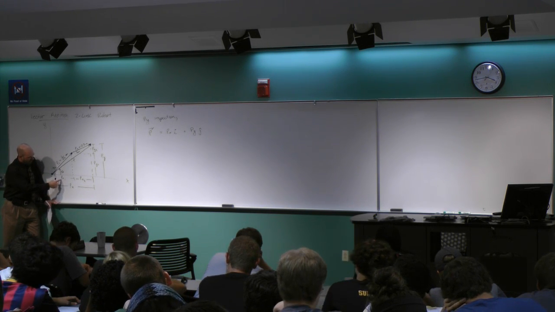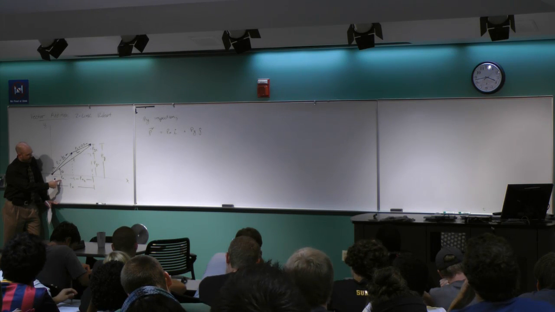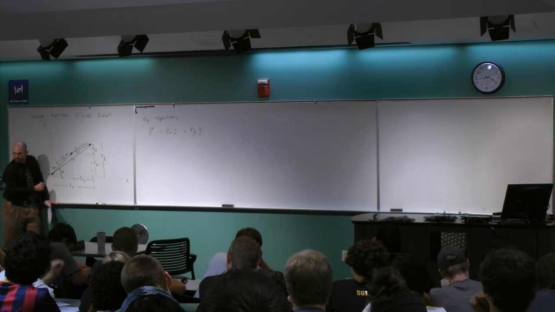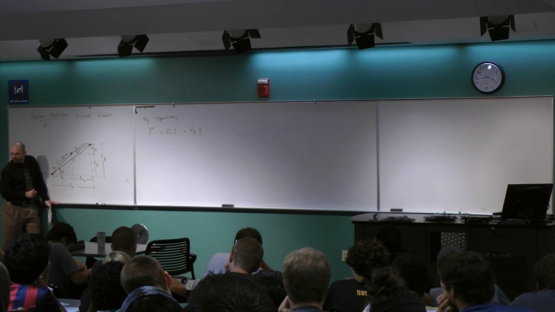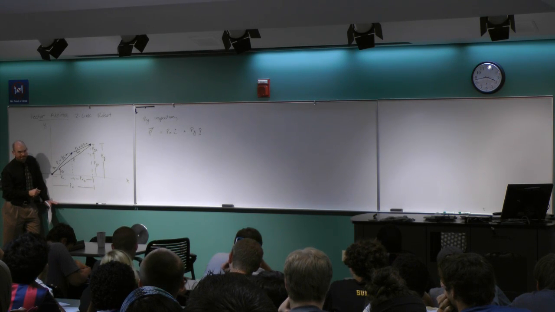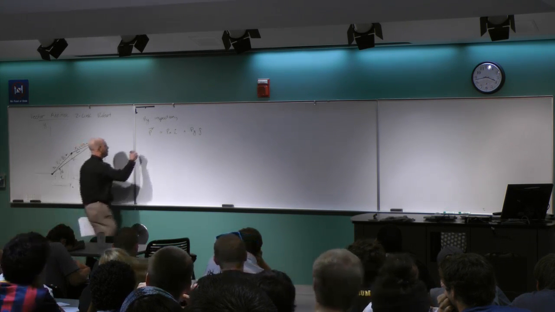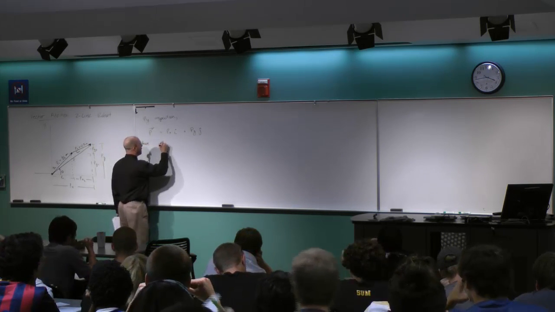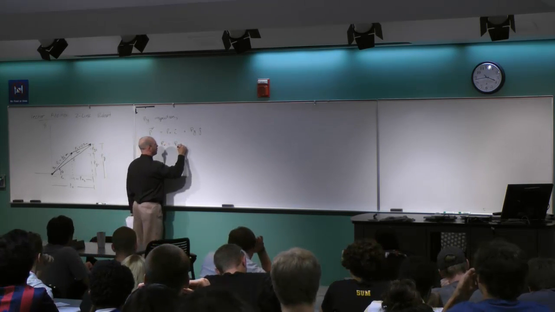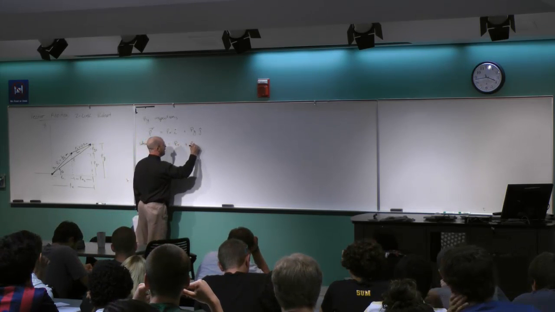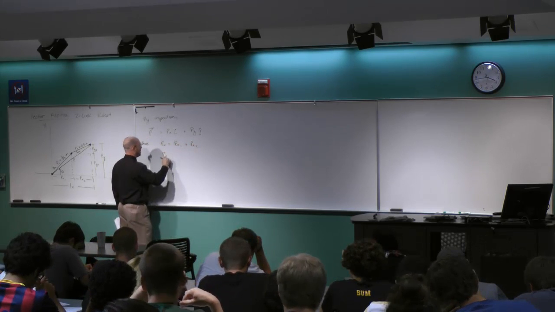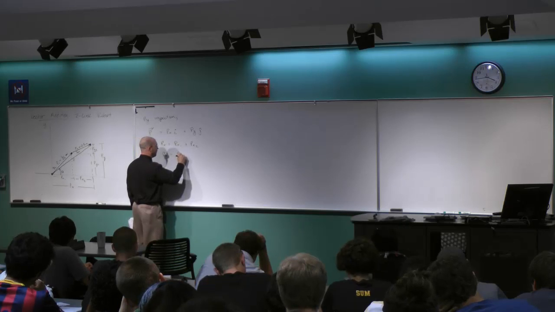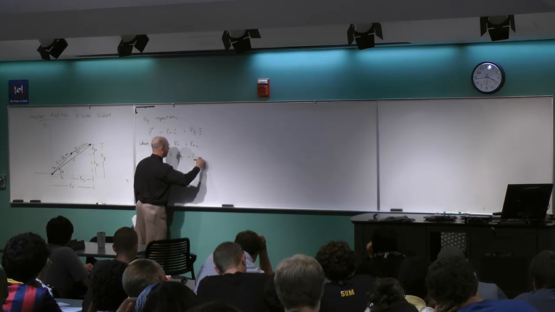I know Px1 and I know Px2. How would I get Px? Add them up. Just looking at the picture, I can say Px is the sum of the two components, Px1 plus Px2, and Py is the sum of the two components, Py1 plus Py2.